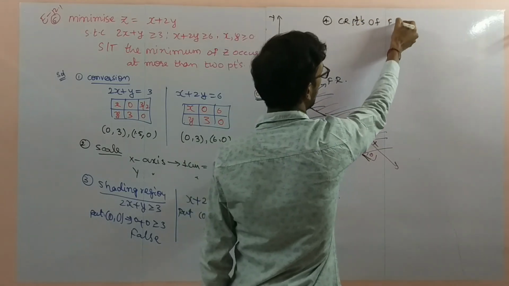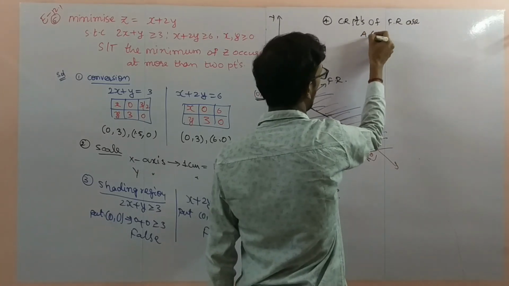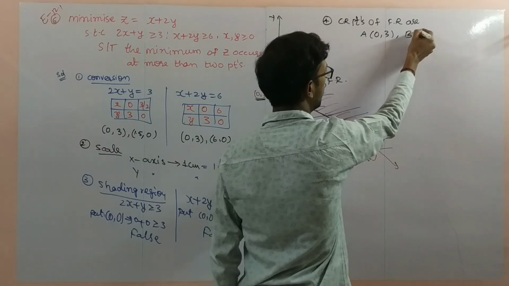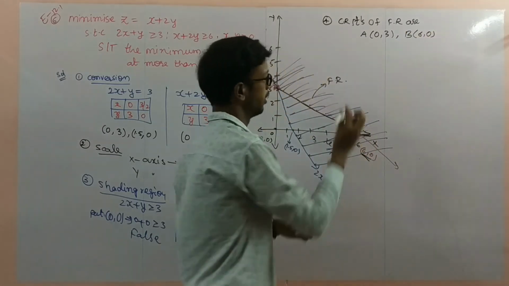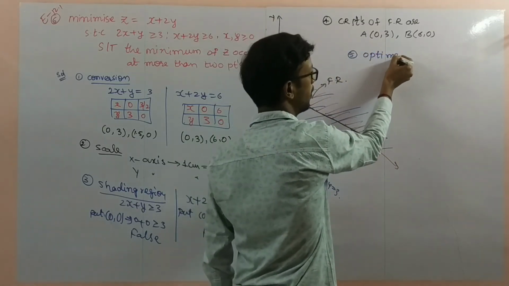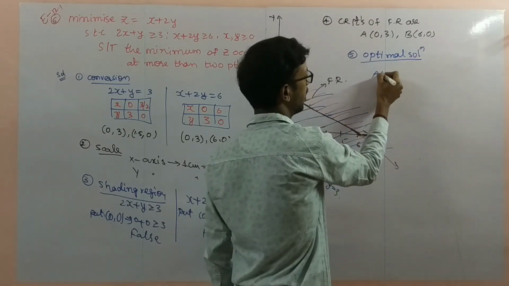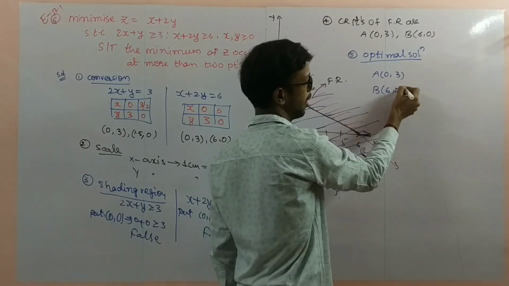The corner points of the feasible region are point A, (0, 3), and point B, (6, 0).